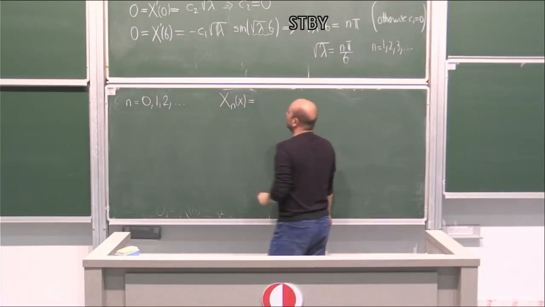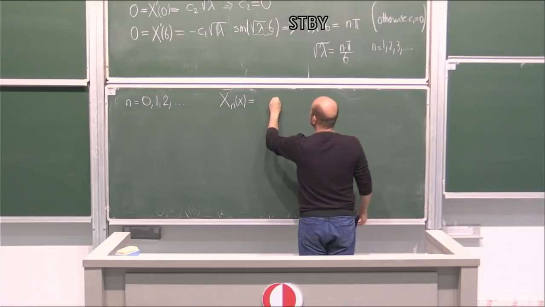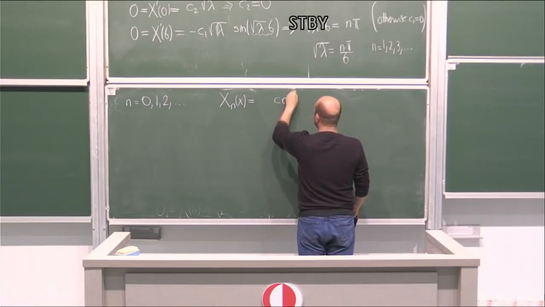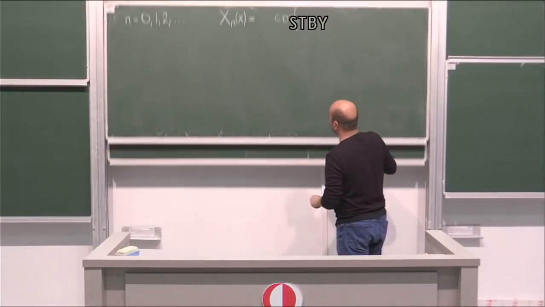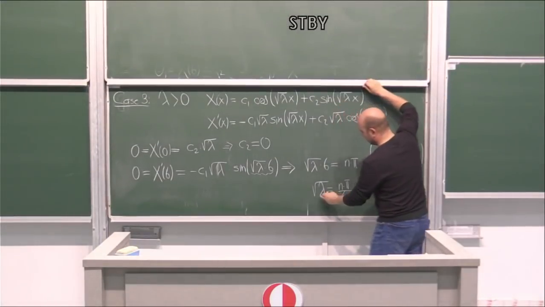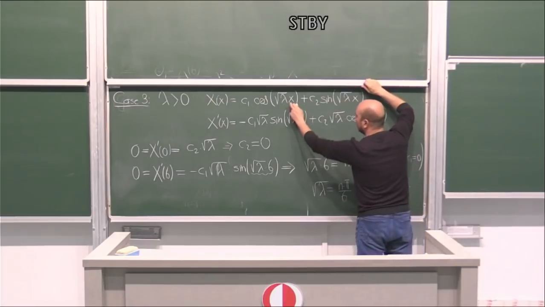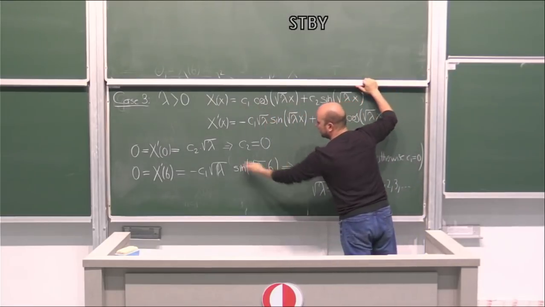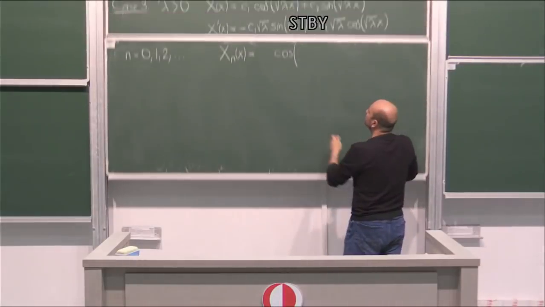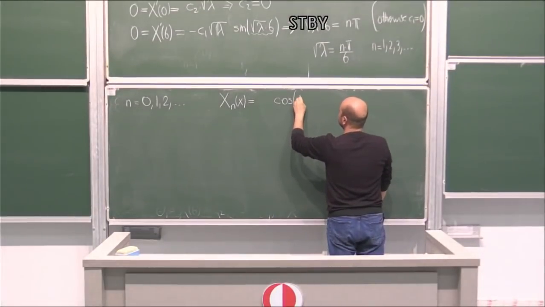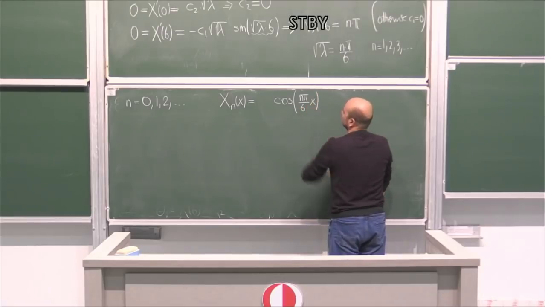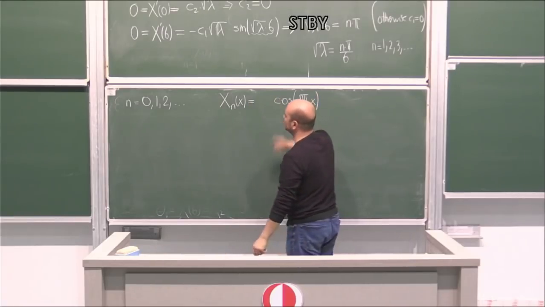If you look at here, I'm just going to write cosine. So here, radical lambda is now n pi over 6 x. So its coefficient can be anything. So cosine n pi over 6 x. So this is a solution.